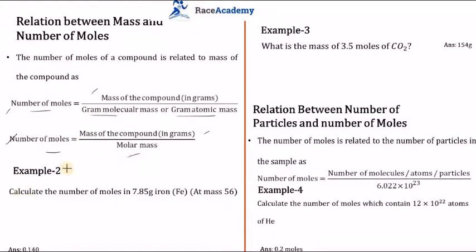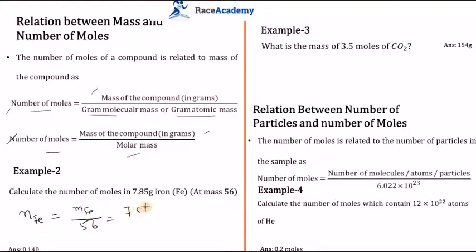Let us see a problem on this one: calculate the number of moles of 7.85 grams of iron, where the atomic mass of iron given is 56. So how to find the number of moles of iron? Number of moles of iron is equal to the mass of iron given in the problem divided by the atomic mass given, which is 56.